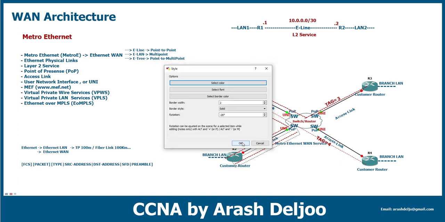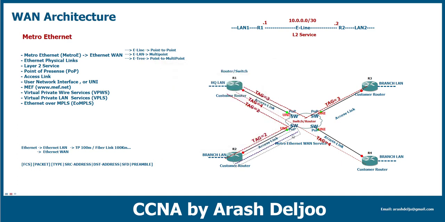This is the connection of site 2, okay. First, for example, to the site 4, this is another point-to-point connection. All of them are E-line, okay. E-line is this type of connection. As you can see, when the number of sites is increasing, the use of E-line is not so efficient.